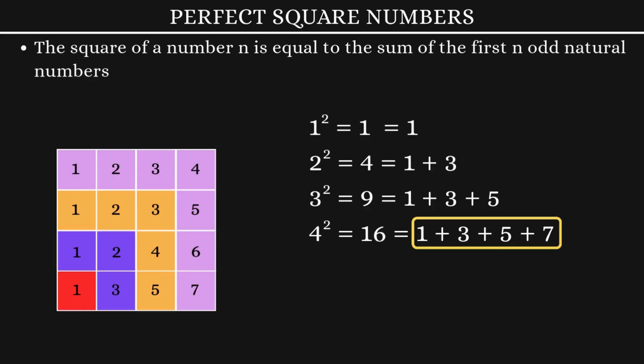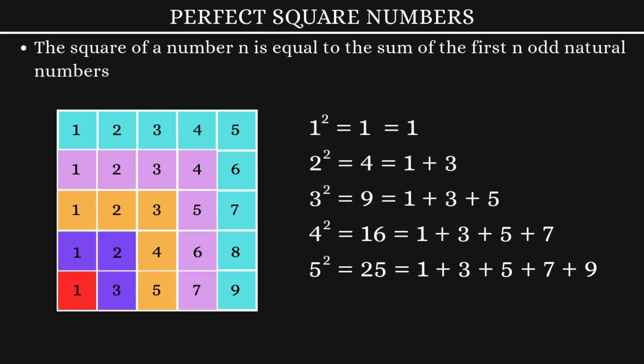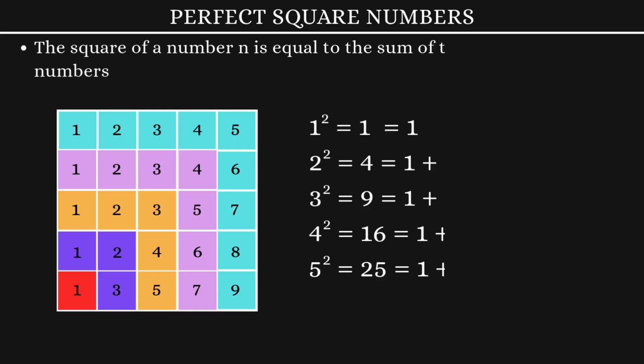And then you add 9 squares to make it 25 small squares, which is 5 squared. This pattern keeps continuing. So, for any number n, when you square it, it will be equal to the sum of the first n odd numbers.